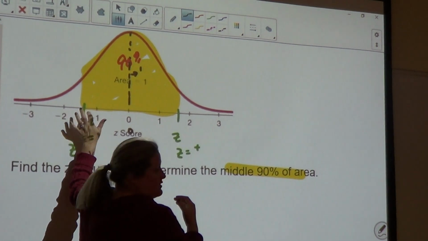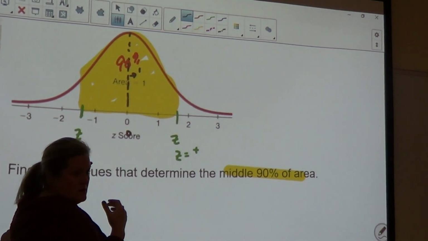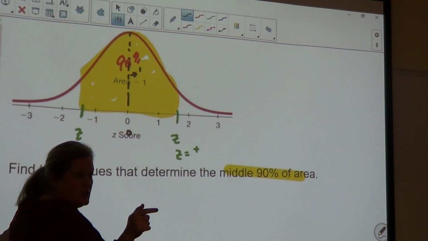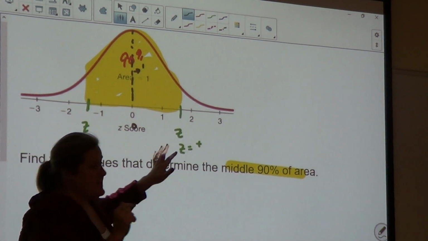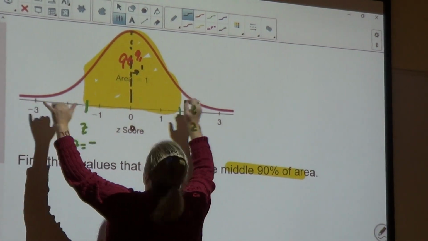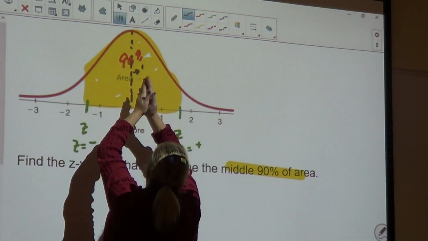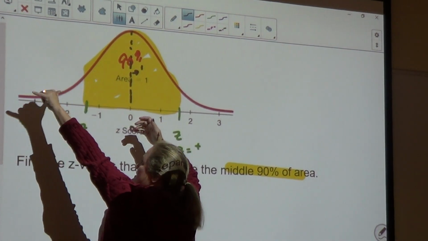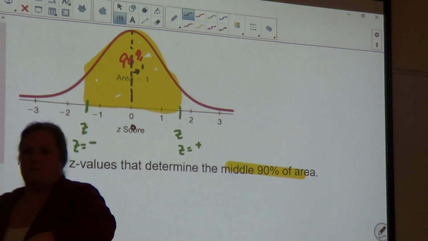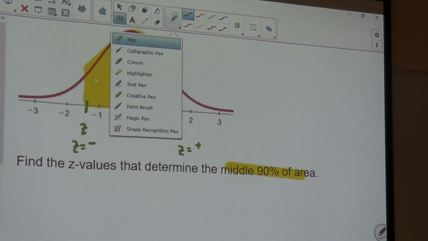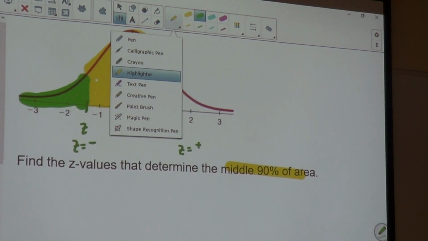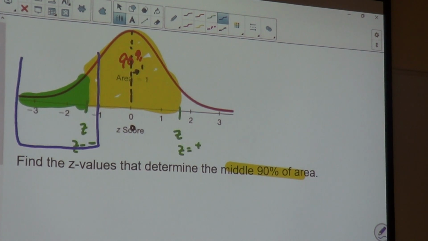Now, if I'm doing Z-score, it's an inverse. And my inverse loves shading to the left. It doesn't like doing betweens. It likes shading out. So instead of doing this, let's do this. Let's zoom in on this piece.